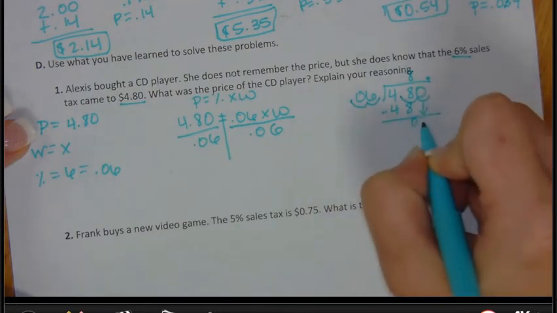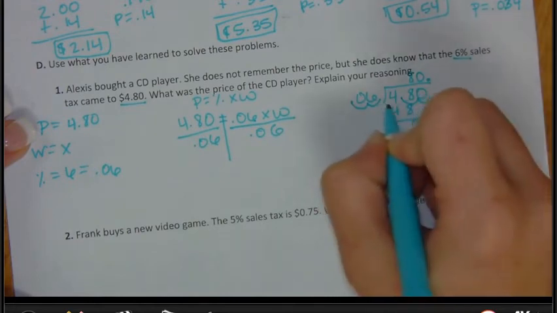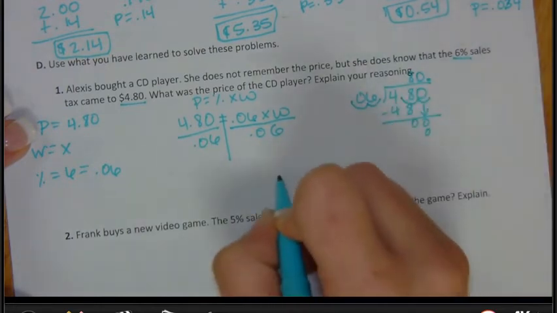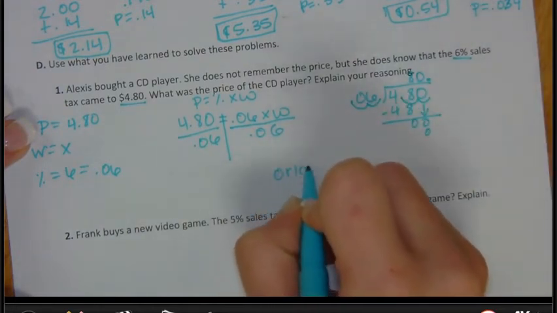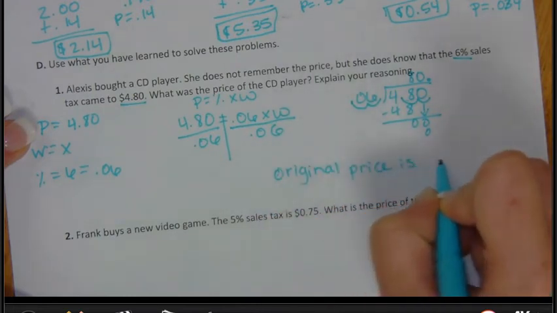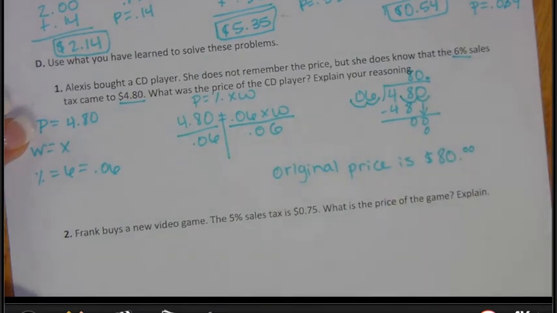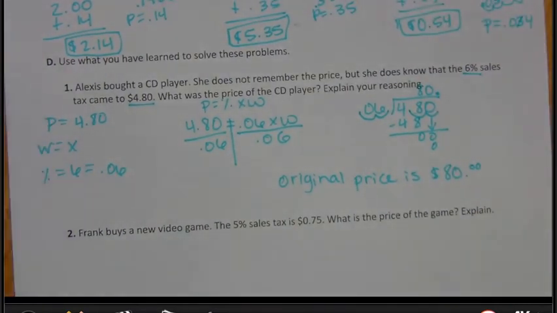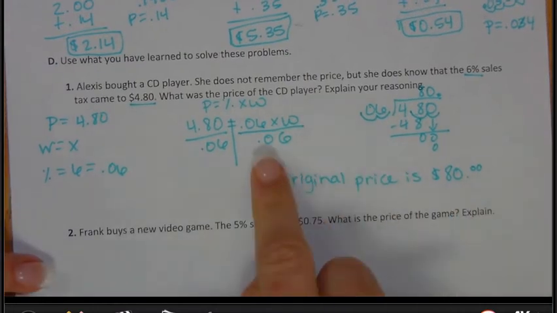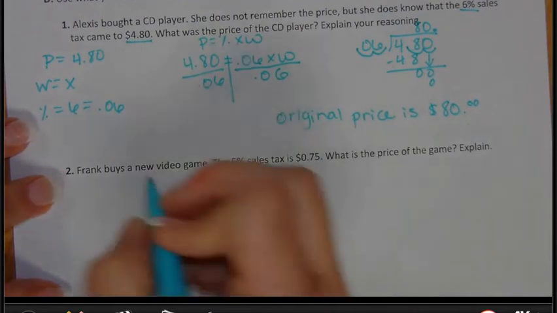Then bring down my 0. 6 can go into 0 0 times. And look, I am done. So that means my original price is $80. And if you guys want to go back and double check, just do 80 times 0.06 and you should get 4.80.